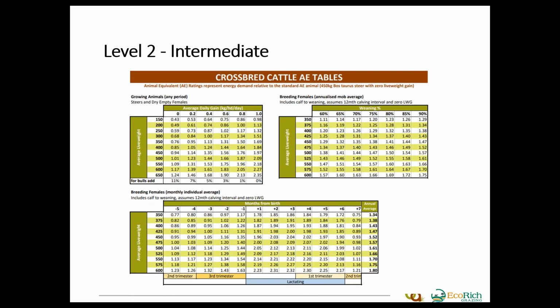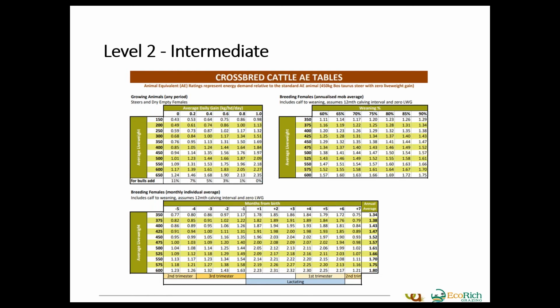So this just says, okay, for animals on the top left one, a given level of their live weight and production, this is their AE rating, and for bulls there's a percentage to add there. For the one on the top right, it's breeding females based on their weight and weaning percentage, so that's the average for the mob.